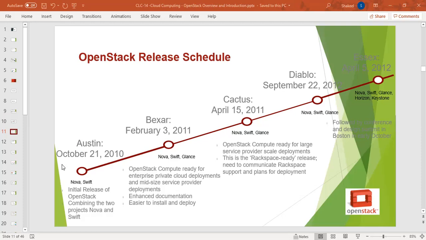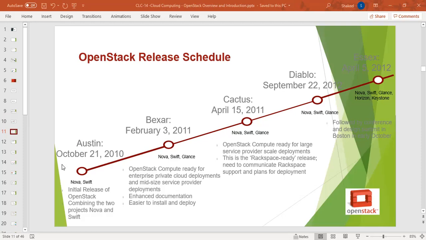Then Cactus, on April 15, 2011: OpenStack Compute ready for large service provider scale deployments. This is the Rackspace-ready release. Need to communicate Rackspace support and plan for deployment.